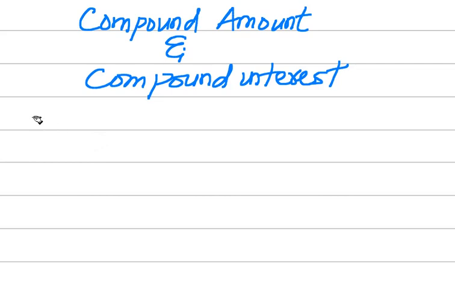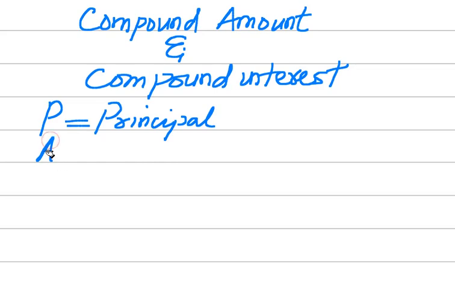Then the first money invested in a savings account is called the principal. Call it P. P is the principal. Then after some years, that principal will turn to amount when you include interest.